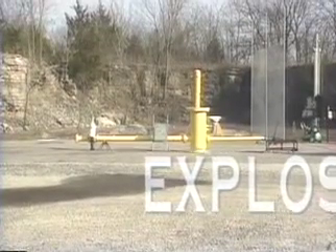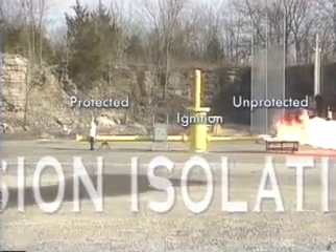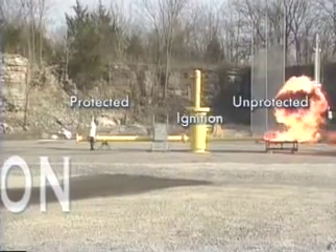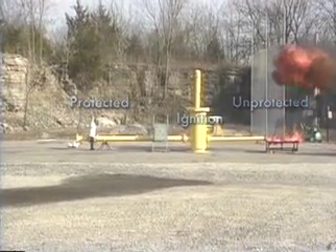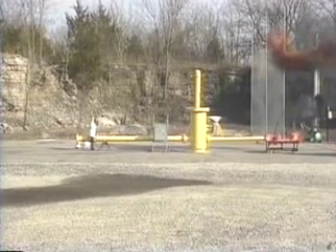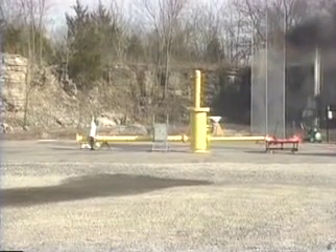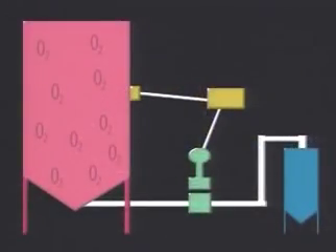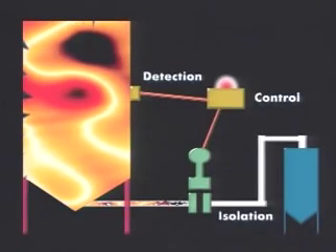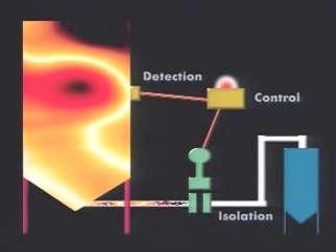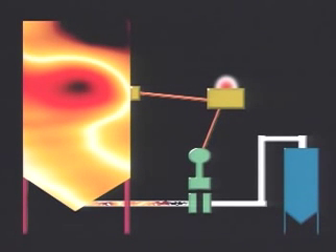Explosion isolation. Explosion isolation is an active system strategy involving detection devices, control equipment, and strategically positioned valves or chemical suppressant containers. Upon detecting the early stages of the explosion, gate valves are rapidly closed, or a suppressant material is quickly discharged to keep the flame isolated at its origin.